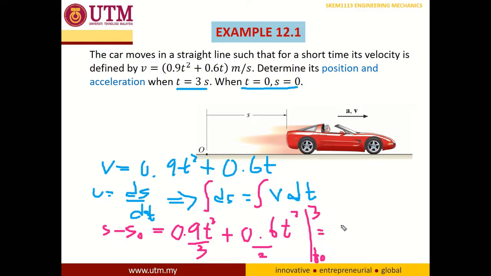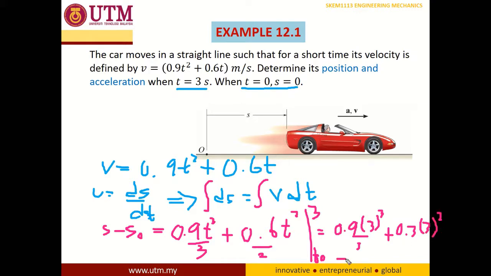You should get 0.9 times this part. If we put 0 then of course we have 0, then put 3 here, equals 3 cubed divided by 3, plus 0.3 multiplied by 3 squared.